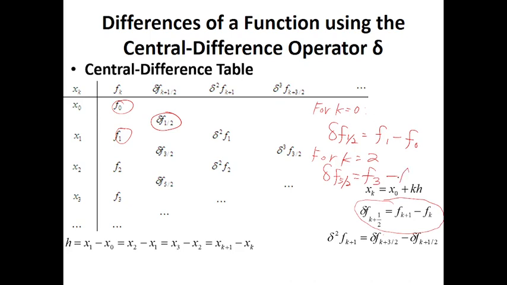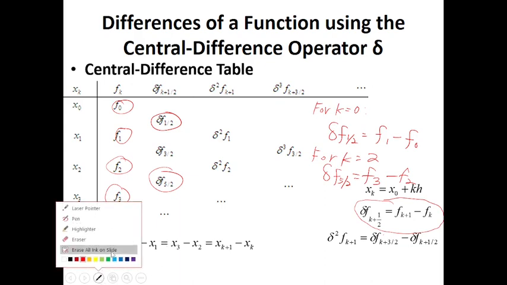So we can determine the value of delta f sub 5 over 2 by subtracting f sub 2 from f sub 3. That is f sub 3 minus f sub 2. That's the procedure, similar to my previous discussion on the forward difference table.